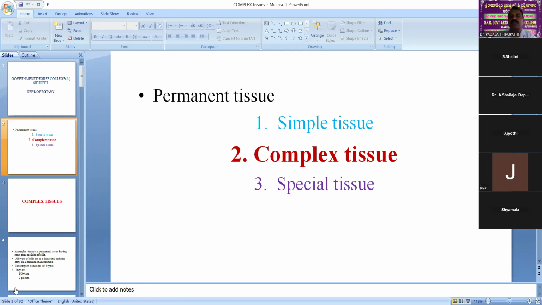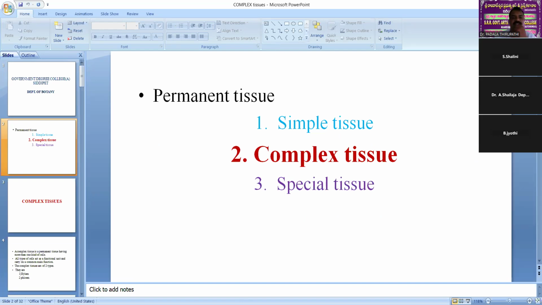Today's resource person is Dr. A. Shailaja Madam Garu, Assistant Professor, Department of Botany, Government Degree College, Autonomous CPGET. Madam is going to explain about permanent tissues in the field of plant science, especially the branch of plant anatomy.